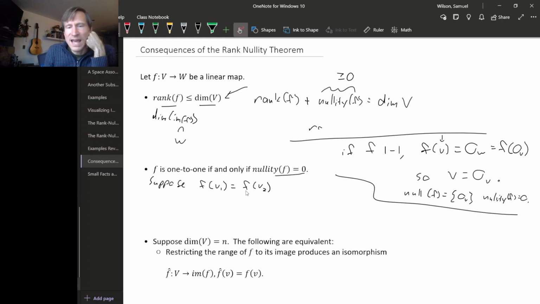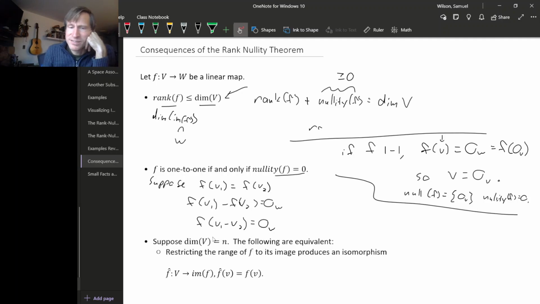Well, look, we can rearrange this equation. Let's move everything to the left. So f of v1 minus f of v2 has to be the 0 vector in W. But F is a linear map. It preserves structure, so we can write this as f of v1 minus v2 is equal to the 0 vector in W.